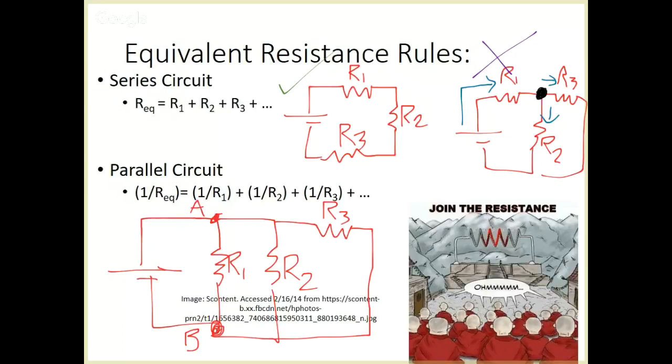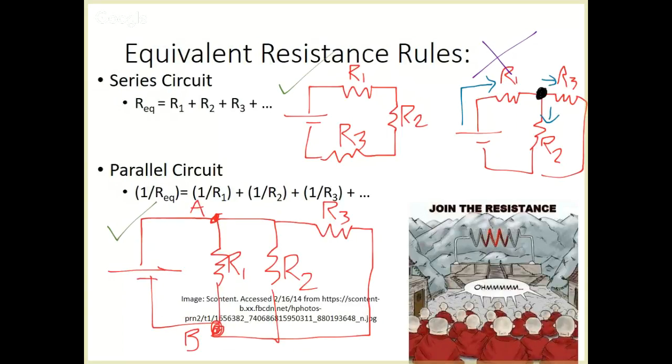If on each path I can only go through one resistor from A to B, then all of these resistors are in parallel with each other. On the green path, I only went through R1. On the yellow path, I only went through R2. And on the purple path, I only went through R3. So as I've drawn it here, this would in fact be a perfect parallel circuit, and I can treat all of these as parallel to each other.